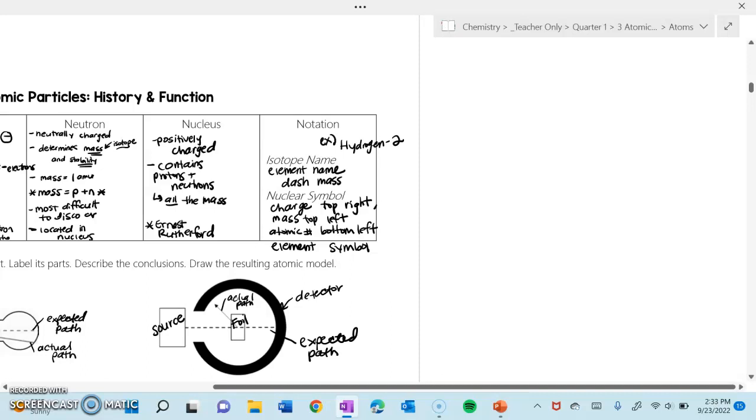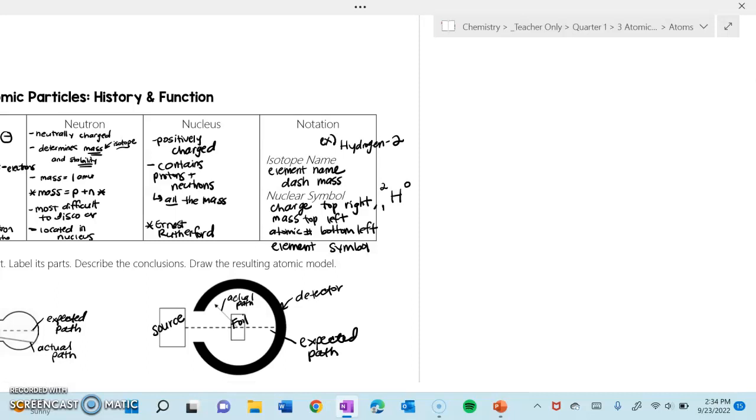So for hydrogen 2, I would have hydrogen, we'll say it's neutral, it would have its atomic number and its mass number. There's a nuclear symbol. We're going to do some practice problems at the bottom with the example in another video.